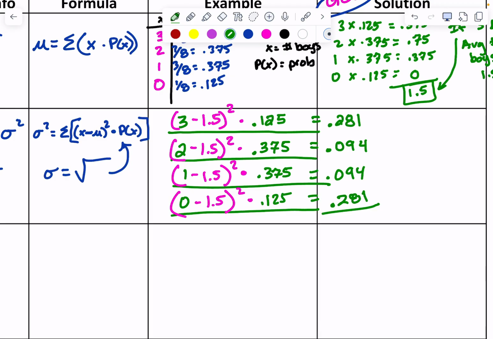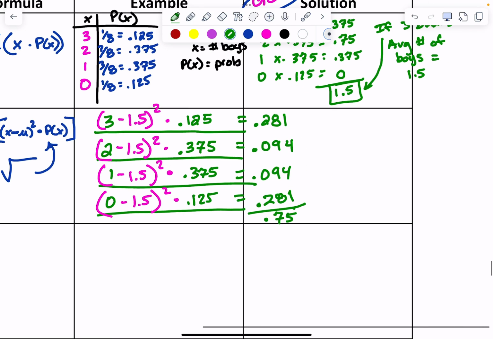What'd you get for adding them together? 0.75. Hey, perfect. Okay, so 0.75 is the what? The variance, 0.75.